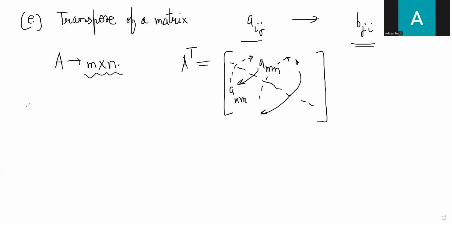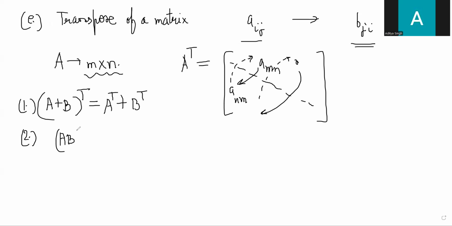Now, some important properties of transpose matrix are, first of all, (A plus B) whole transpose is same as A transpose plus B transpose, right? Then there is product (AB) whole transpose is same as B transpose multiplied by A transpose.